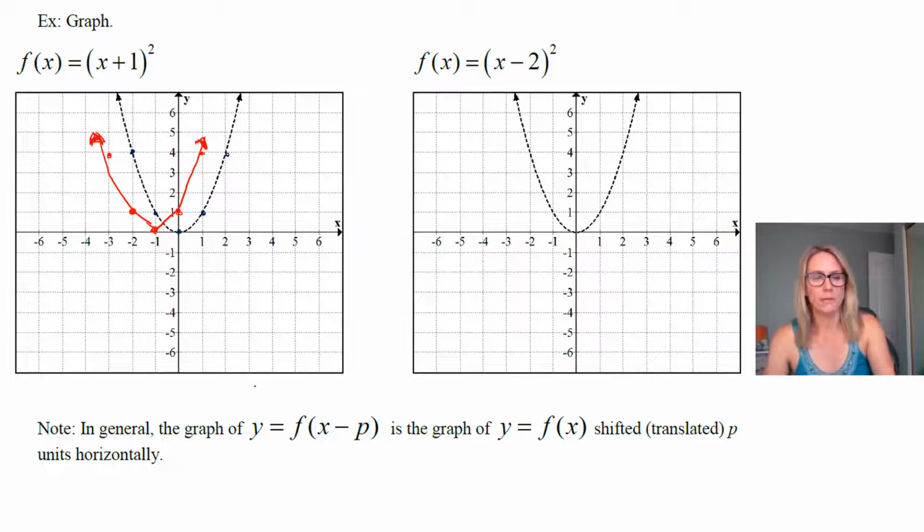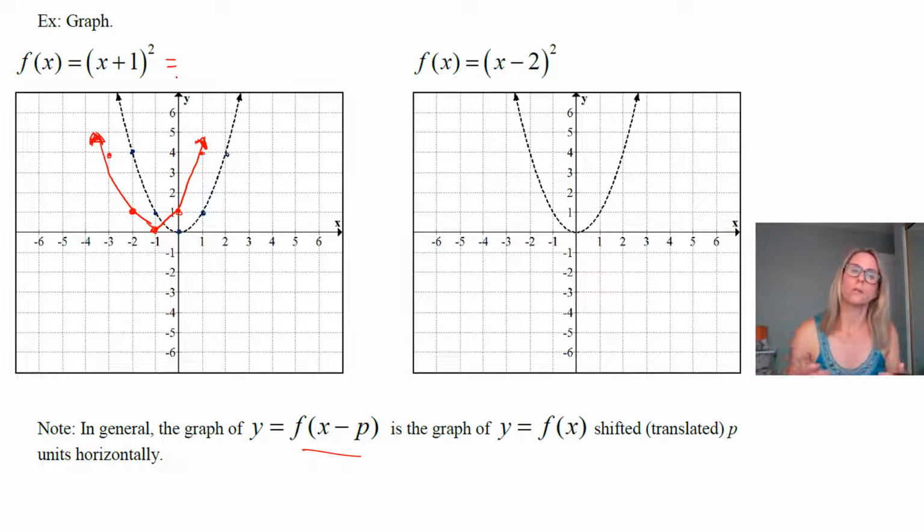Now we're going to take a look at the bottom before we look at our next example. Notice in general it says if you take that basic function and you do something within it that adds or subtracts a value, so we have a minus p here, it's going to be a shift horizontally. But to be honest, it's the opposite. You have to think opposite.